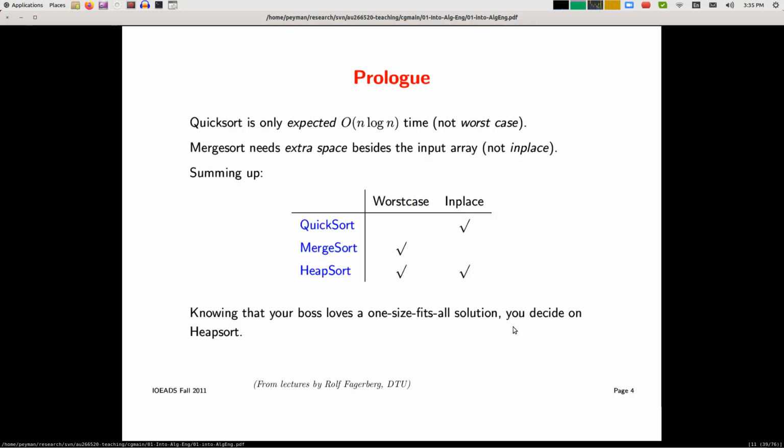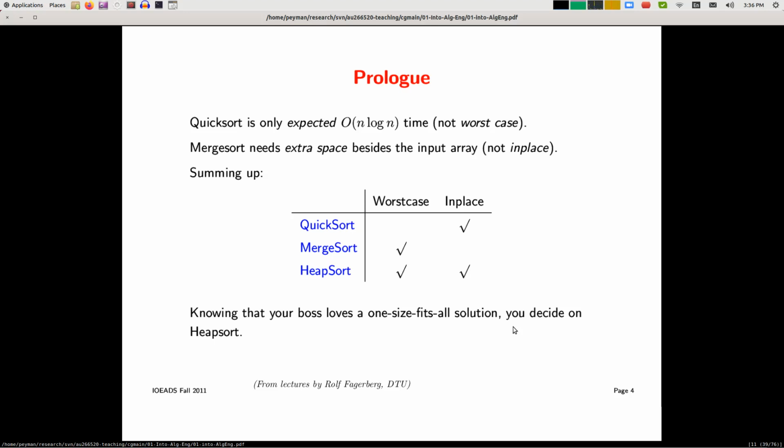In particular, you read that quicksort is a randomized algorithm, so it needs random numbers, and it's not worst case optimal. In the worst case, it could run in n squared time, so it's only n log n in the expected case or in the average case. Merge sort needs extra space to do the merging, so to merge two arrays, you need extra space.